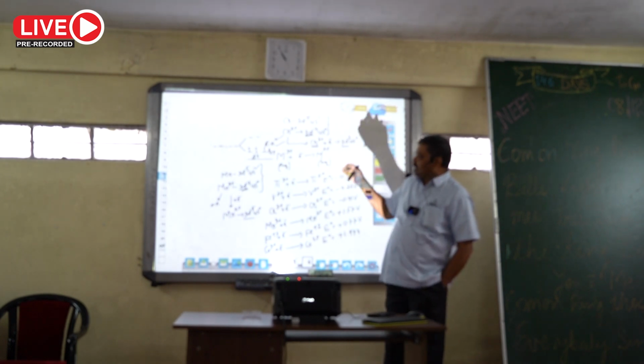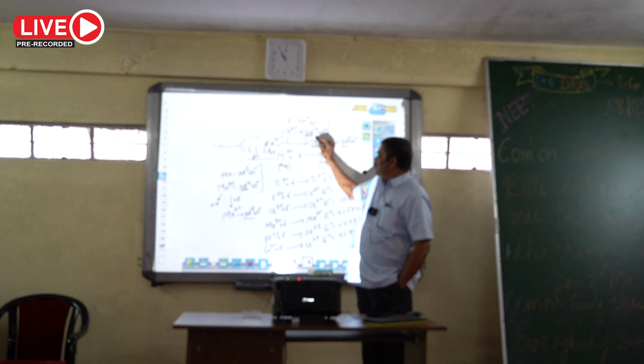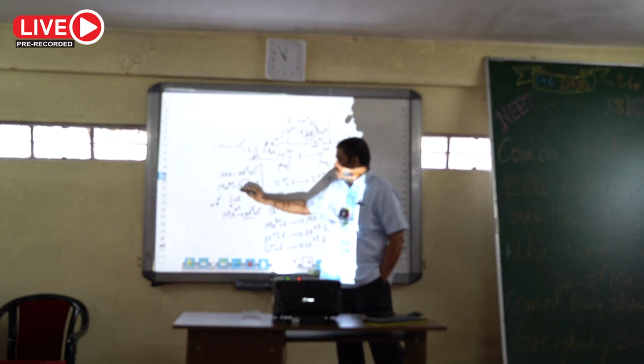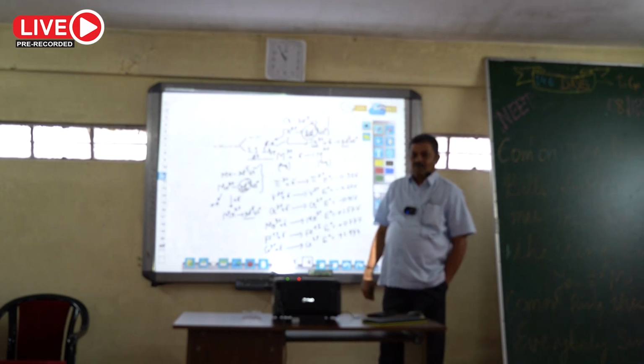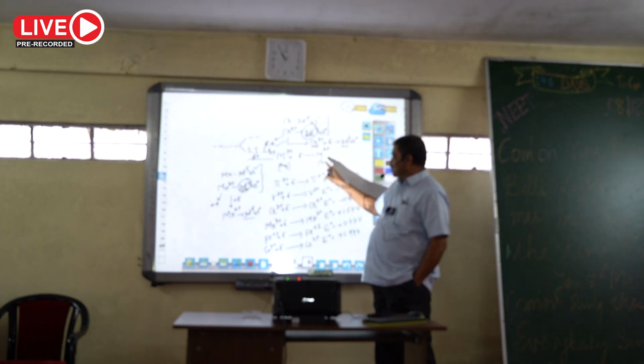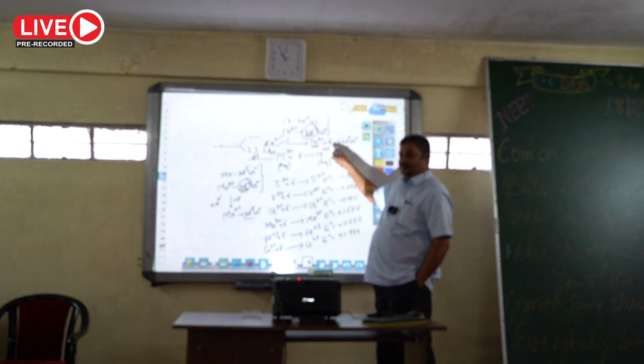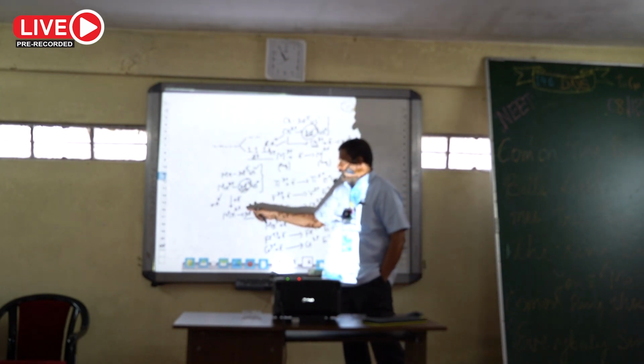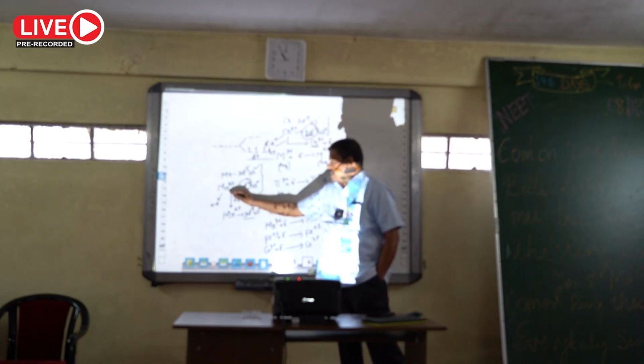So both initially have the same d4 configuration, but one acts as a reducing agent by losing an electron, and one acts as an oxidizing agent by accepting an electron.